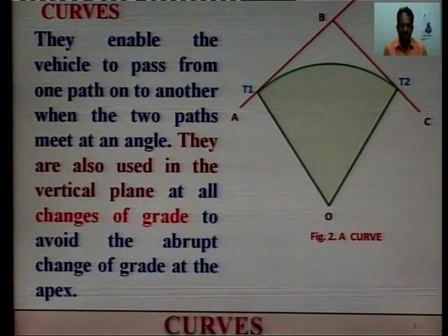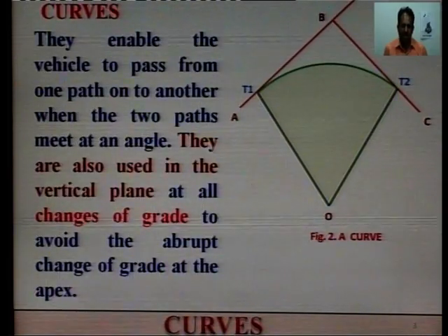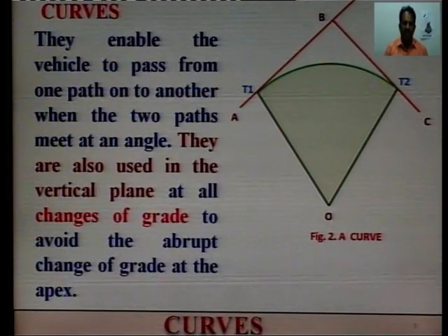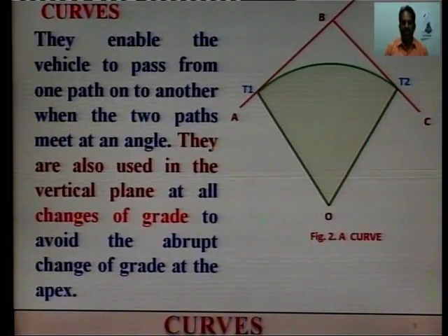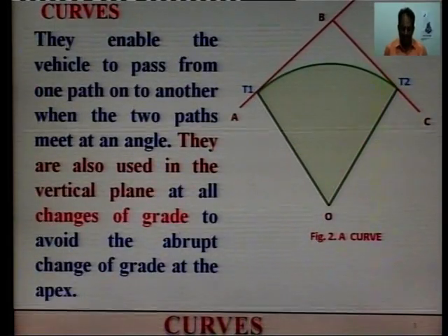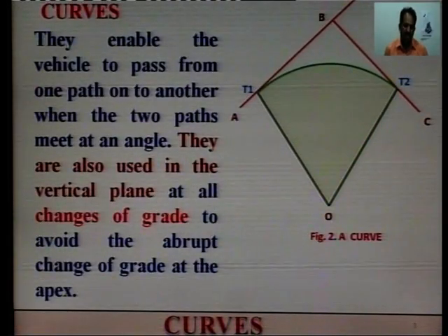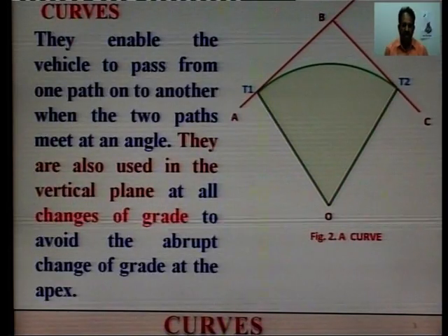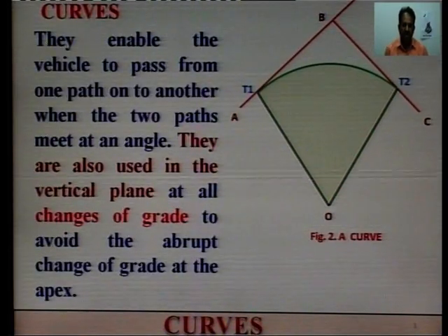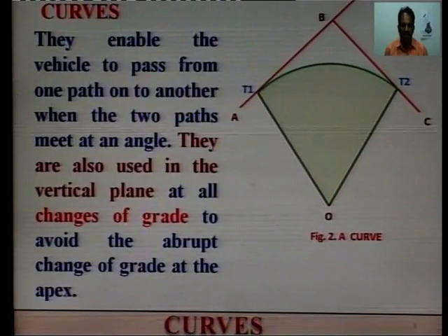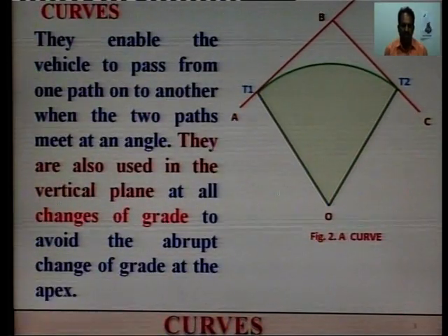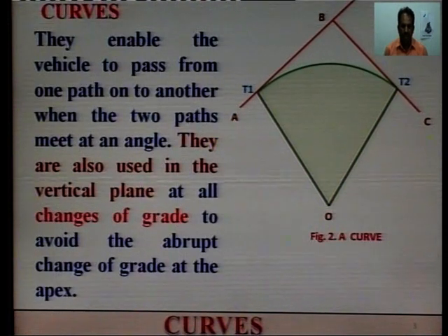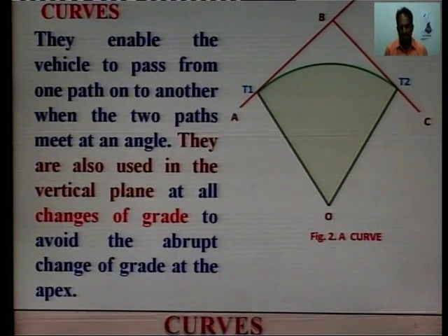They are also used in the vertical plane at all changes of grades to avoid the abrupt change of grades at the apex. That is, in hilly areas, curves are also provided in the vertical plane to avoid the abrupt change of grade at the apex of the hill.